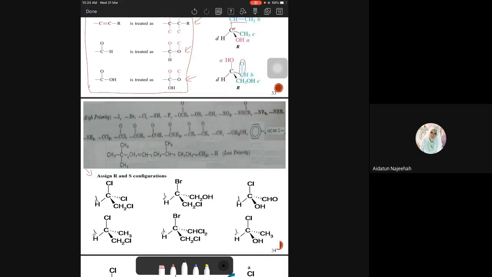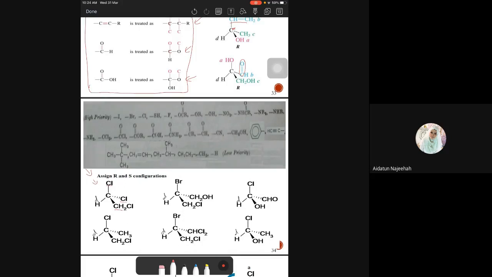Once you establish that, you will have to determine the one with highest priority. The first structure, which is this one, you have Cl, and then another Cl, and then CH2Cl.